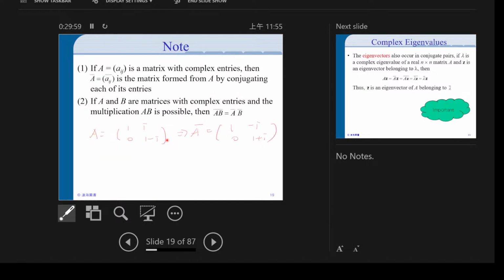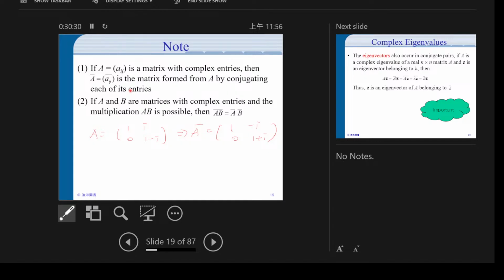So we have A, a matrix with complex entries. Then we use the bar notation to represent the complex conjugation of A, where each entry is complex conjugated. You can easily derive that complex conjugation respects matrix multiplication.